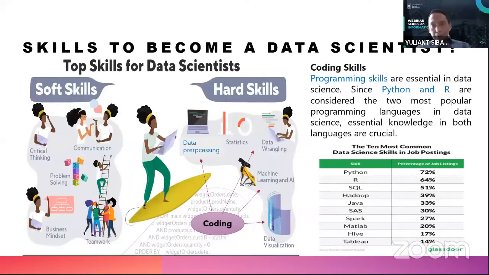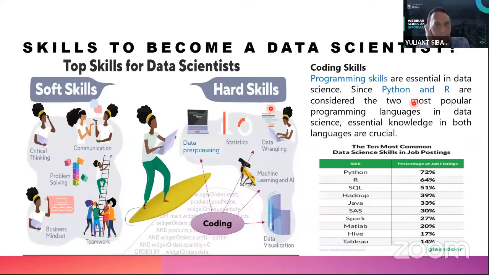In addition to these 5 skills, there is a basic skill that must be mastered in data science. The skill is coding. Programming skills are essential in data science.